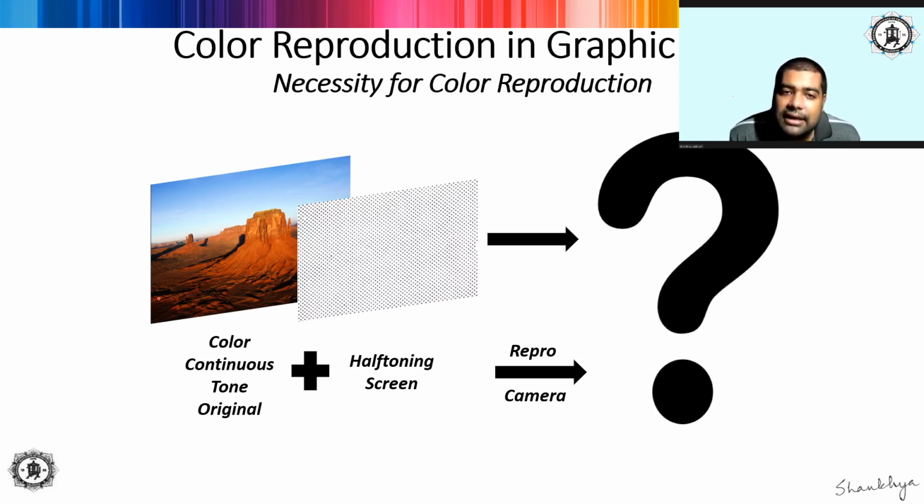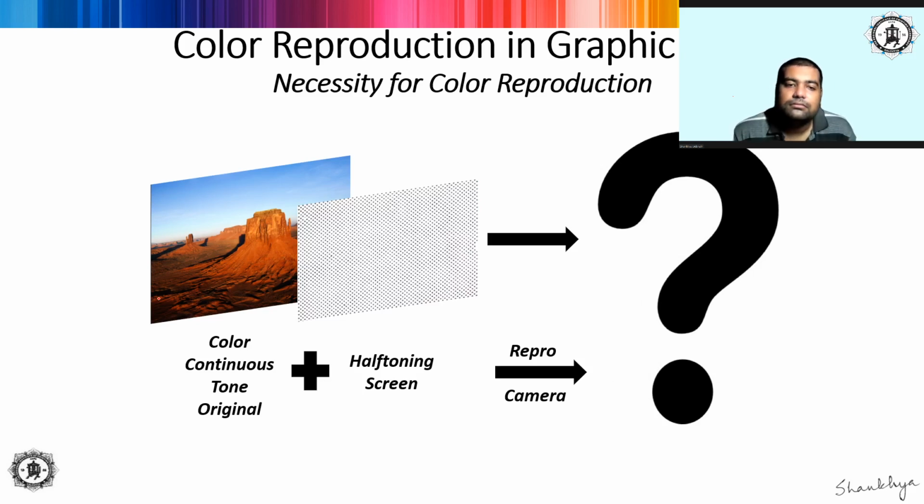Having said that, your original has got three colors, right? It contains colors which are reproduced using cyan dye, magenta dye, and yellow dye. So in order to reproduce these colors on a piece of paper or on any other substrate using a printing method, you will need a minimum of three separate inks. That is why we use cyan, magenta, and yellow inks as the primary inks for any process printing.